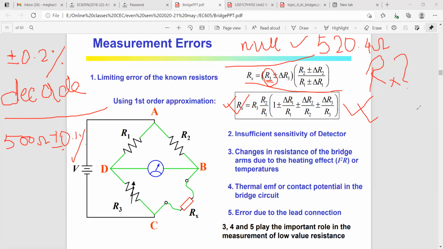In place of del R1, you have to put 0.1 divided by 100 because it's in percentage. So every place you have to put that.